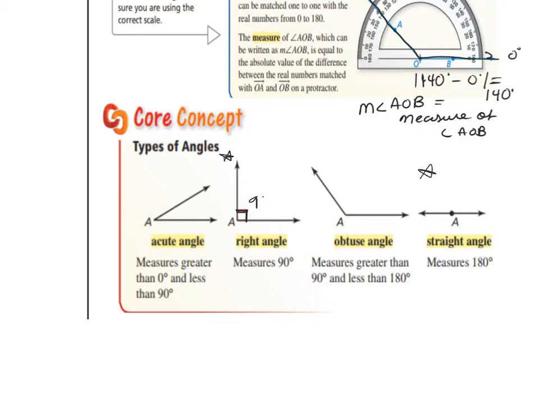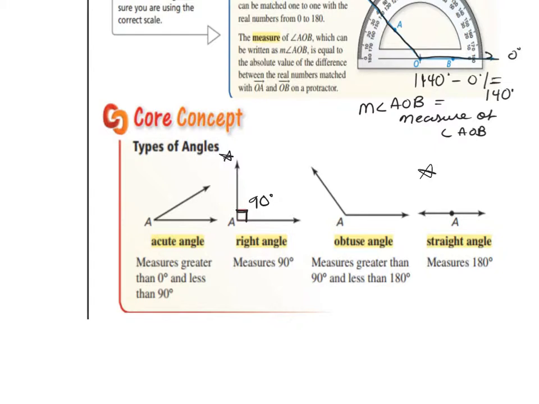That's an implied 90 degrees. Acute angle, remember, measures greater than 0 and less than 90. I just think of an acute little angle, something small. Obtuse is greater than 90 and less than 180. I think of obtuse, obese, larger than 90.